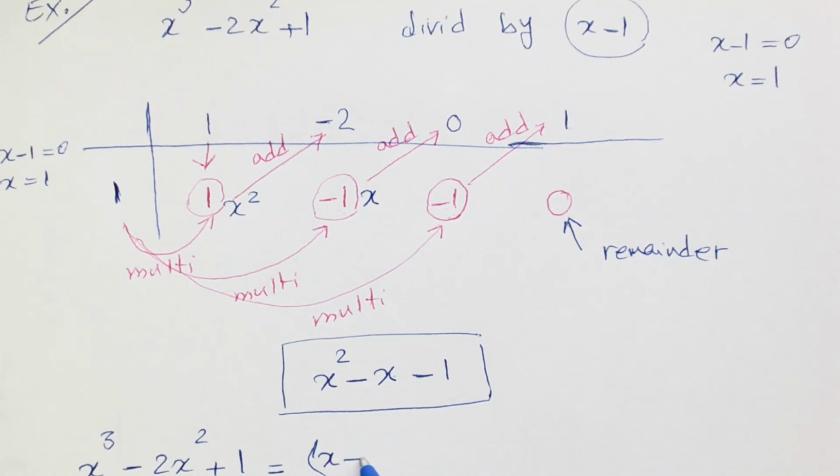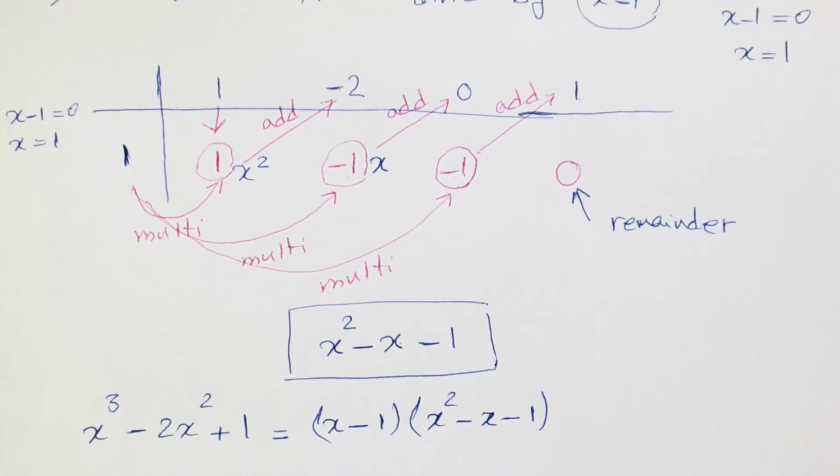So it's x minus 1 times x squared minus x minus 1. Here plus 0 means our remainder, but the remainder is 0. So this is synthetic division.